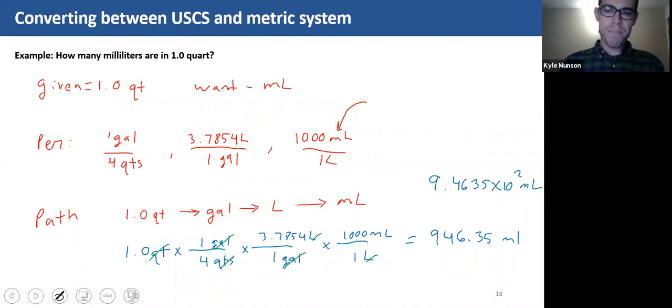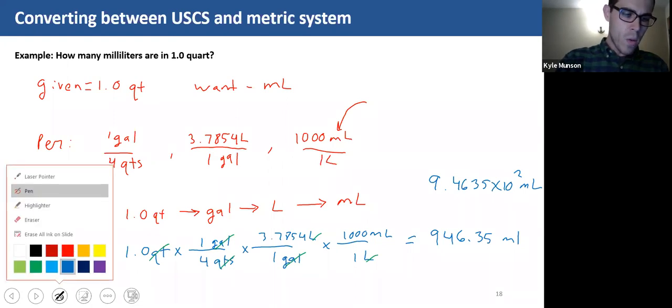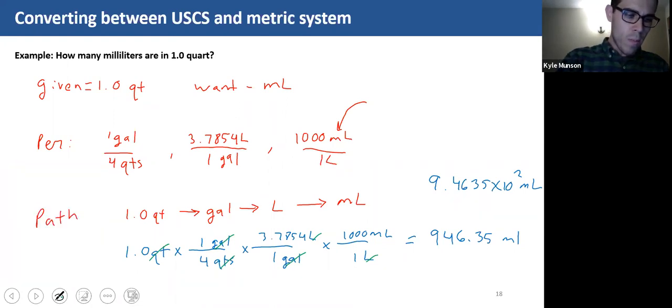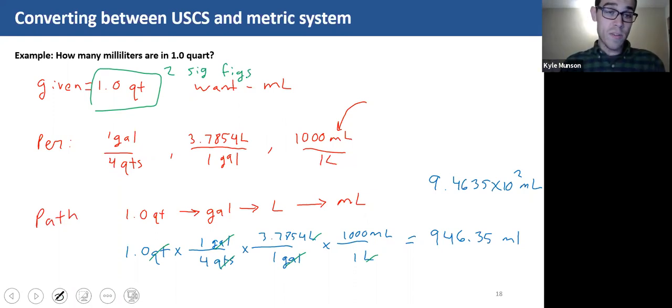Okay. And how many significant figures can this number have? Well, go back to our rule for multiplication and division. It's the smallest number of significant figures of any factor. In other words, we started with 1 quart that has 2 sig figs. Okay. The other conversion factors are exact.